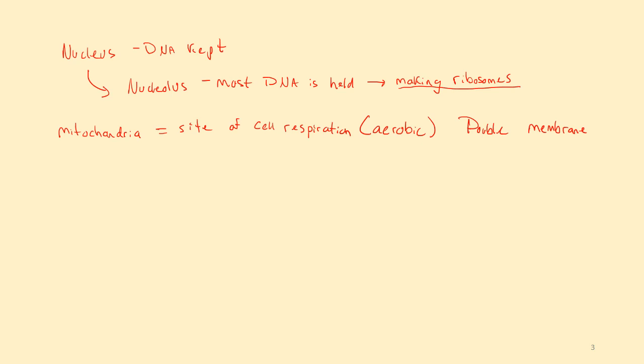I would like to talk about ribosomes. Ribosomes are where translation takes place. Try to recall that translation is basically when you're assembling a protein from RNA, so we're turning RNA into protein.